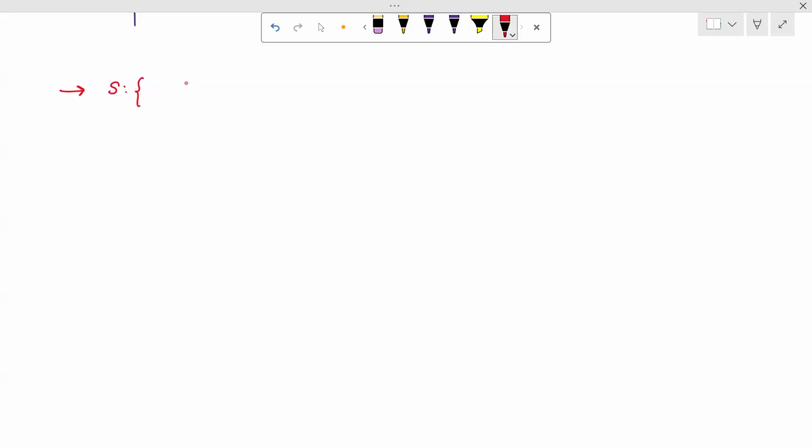The set S represented by all those complex numbers z such that the modulus of argument of z minus pi by 2 is less than pi by 2. So what does it represent? Just think about it.